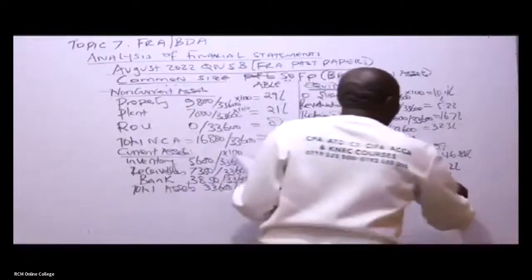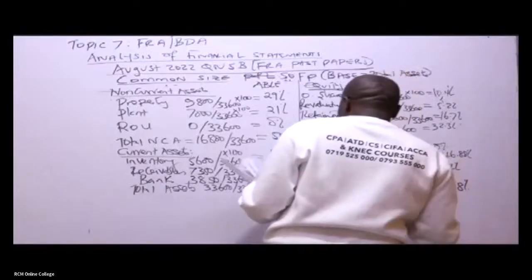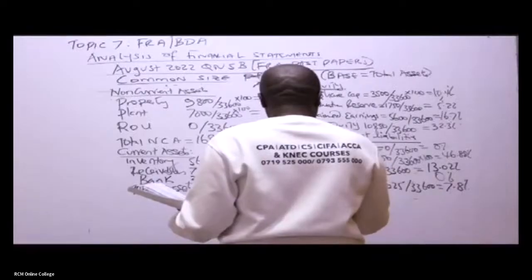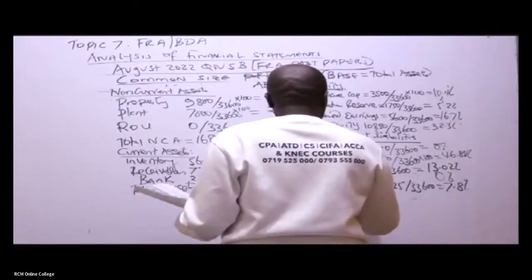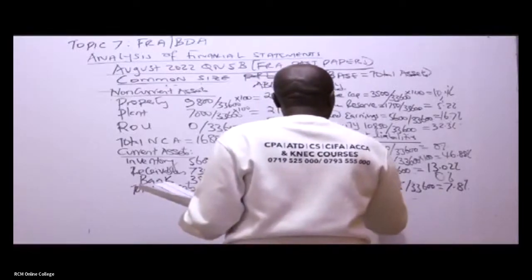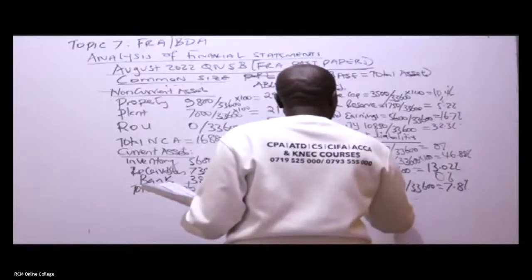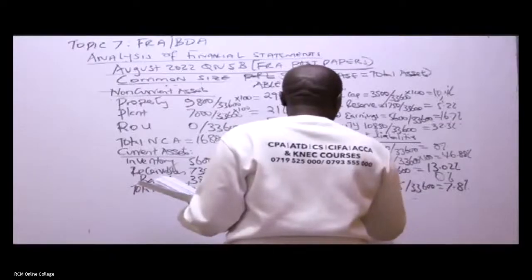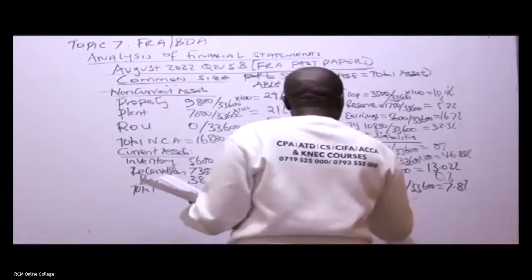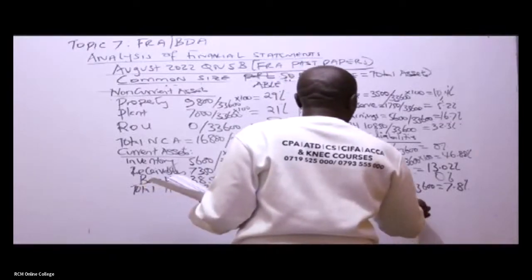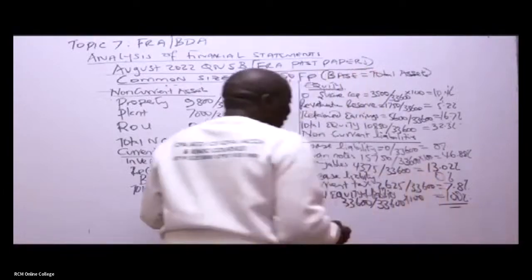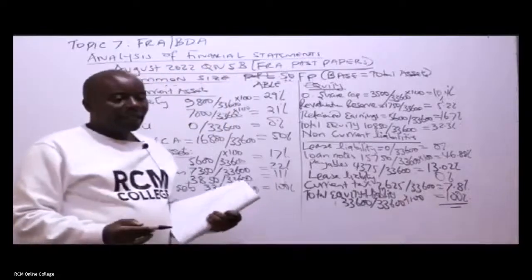Thanks, Felicitas. After current tax, I can see total equity and liabilities. Of course, this will close at 100%, right? So total equity and liabilities, 33,600 divided by 33,600 times 100 will end up giving us 100%.